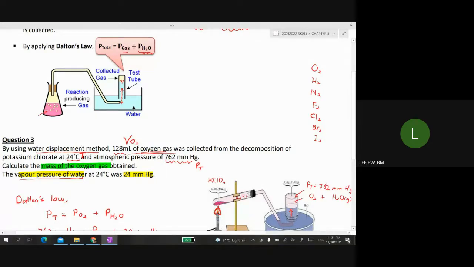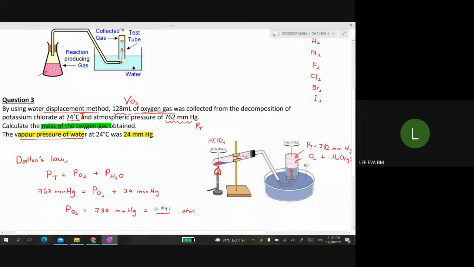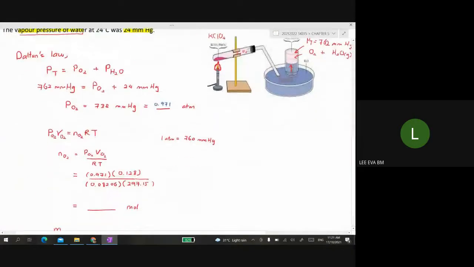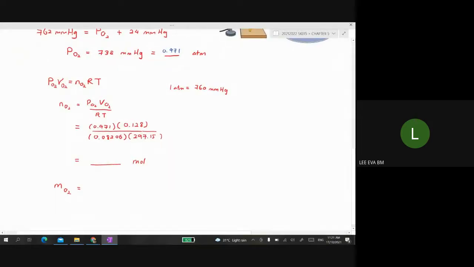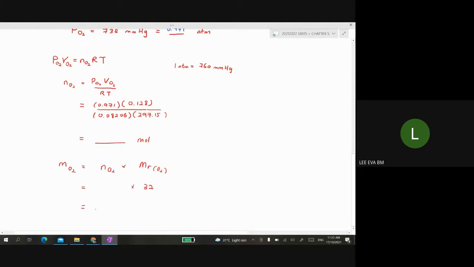So after finding the number of moles of oxygen gas, you multiply with the molar mass of oxygen, which here is 32. Try to find the mass of your oxygen gas.